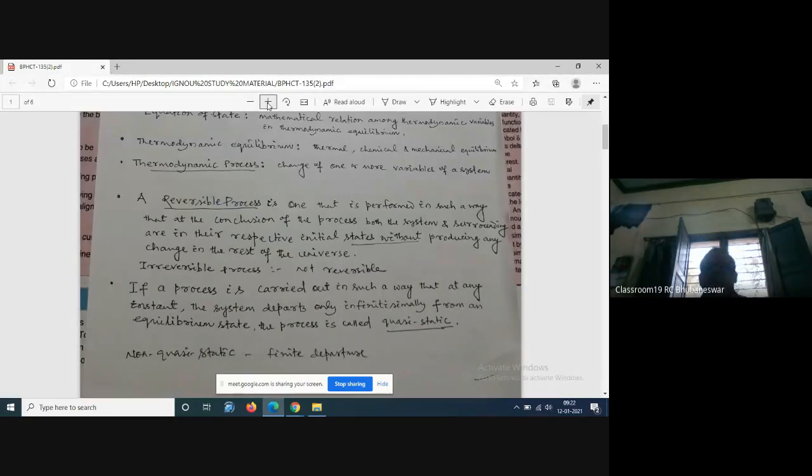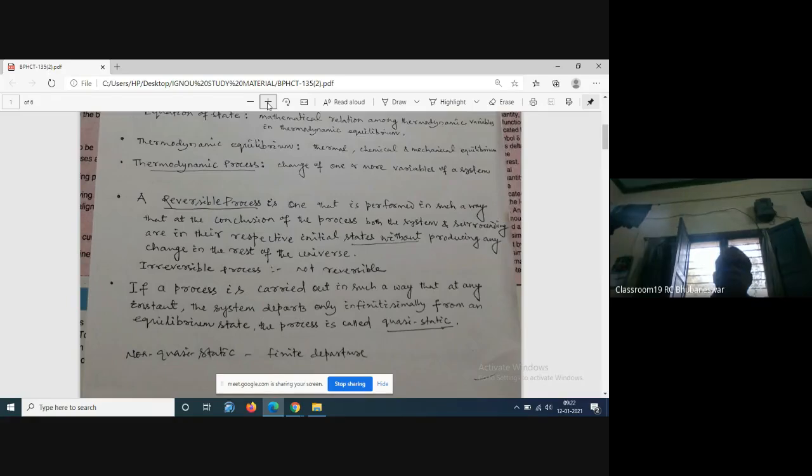A reversible process is one in which a system and its surroundings are performed in such a way that at the end of the process, both the system and surroundings return to their initial state without producing any change in the rest of the universe. That means when a system undergoes change, at the conclusion of the process the initial state of the system is the same.